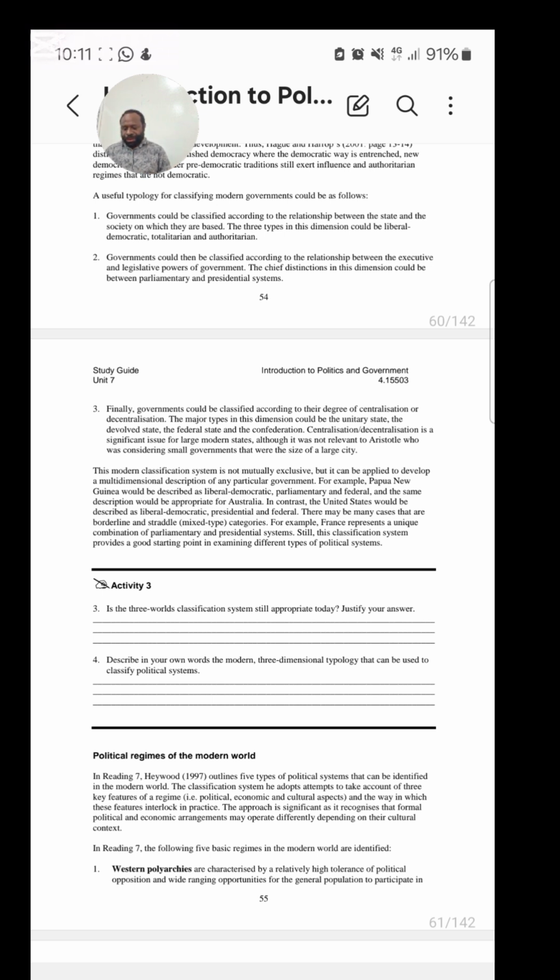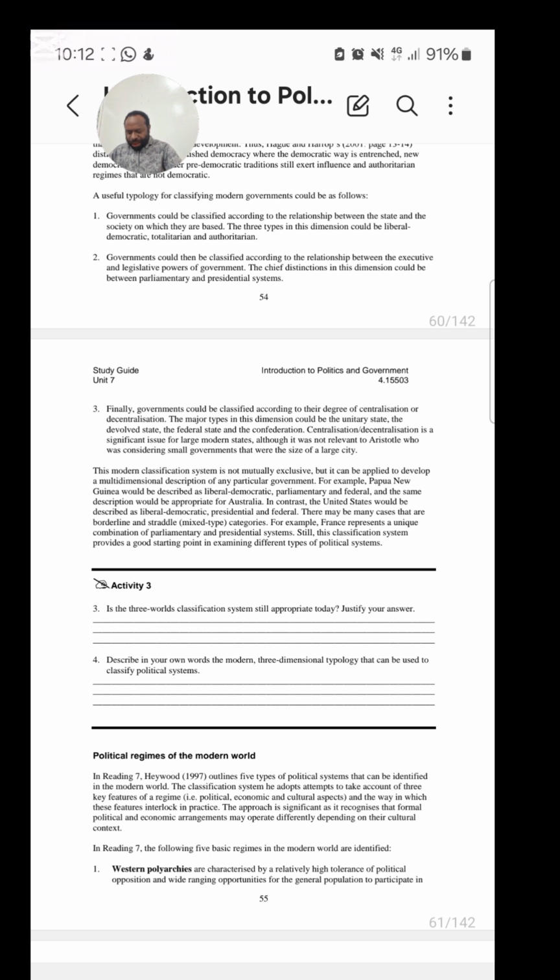This dimension is important even in the present context today. If you look at different countries in world politics today, you would first ask this question, who rules? Is it the president alone, or is it the Chinese Communist Party for that matter? Or is it the National Executive Council in Papua New Guinea?